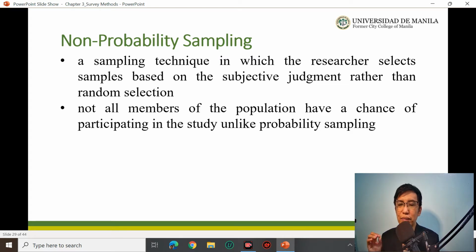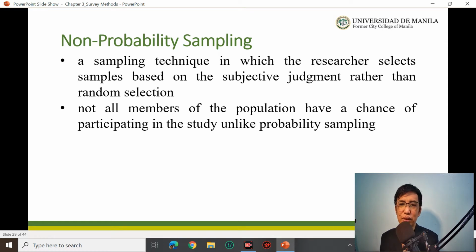Based on kung ano lang yung knowledge on particular groups. Okay? Unlike doon sa probability sampling, kahit kaaway mo, pwedeng mapili. Diba? Doon sa non-probability sampling, syempre, kung sino lang yung mga friend mo, sila yung pagbibigyan mo halimbawa ng questionnaire mo.